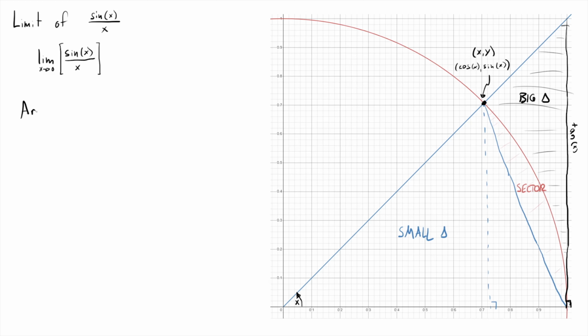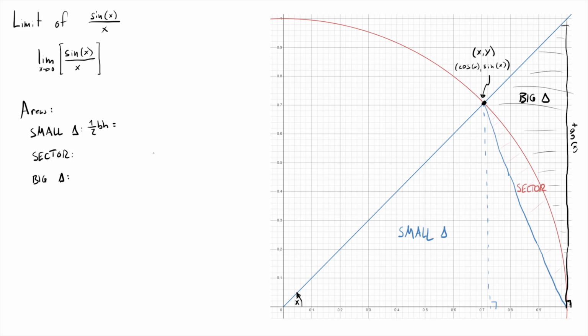Okay, so we're going to go areas here, and we have our small triangle, we have our sector, and we also have our big triangle. So what is the area of the small triangle? Well, the area of a triangle in general is 1/2 base times height.